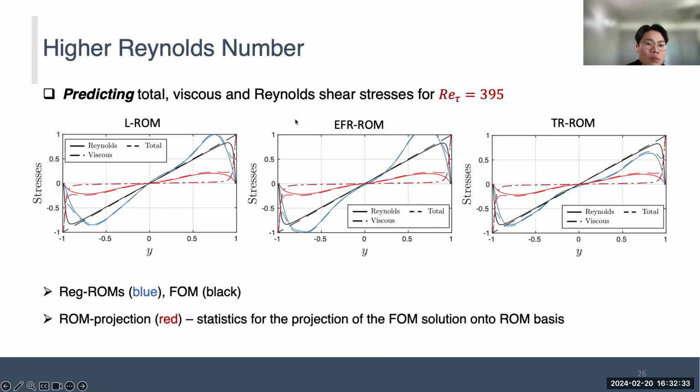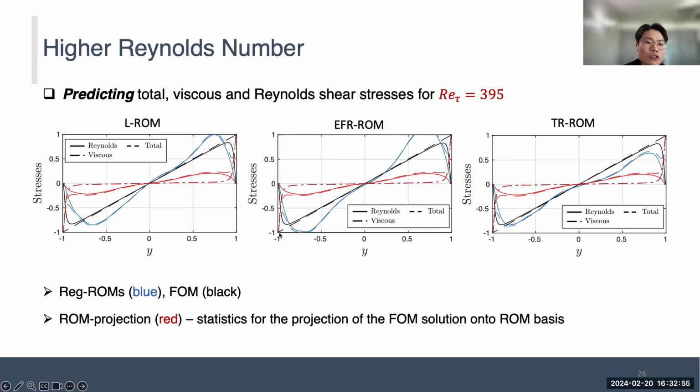And this is just a similar result, but for a higher Reynolds number. So now we can clearly see that the Leray and EFR ROM overpredict the Reynolds stress. But for the viscous shear stress, all three models can still capture it quite well and match the forward model.